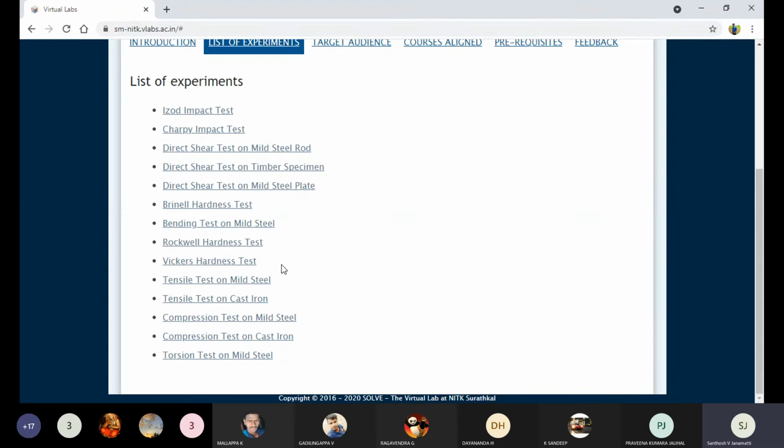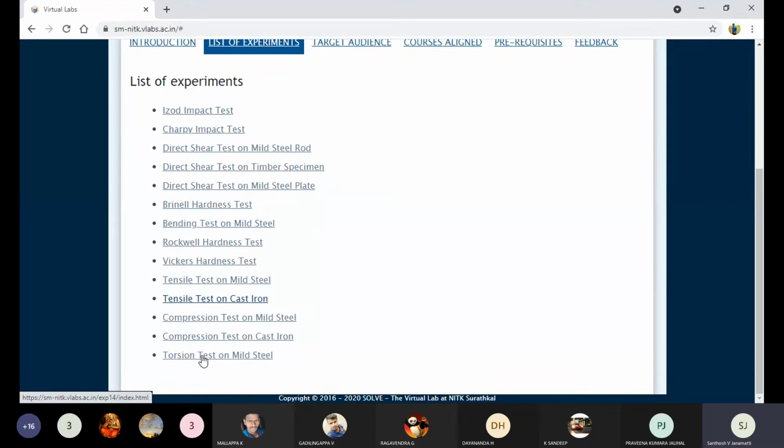Can you see? Izod test is there, Charpy test is there, shear test is there, shear test of wood materials, shear test of metal plates, and hardness tests are there. Rockwell hardness is there, Vickers hardness is there, bending test is there, tensile test is there for different materials, compression test for different materials, and torsion test for metallic materials.